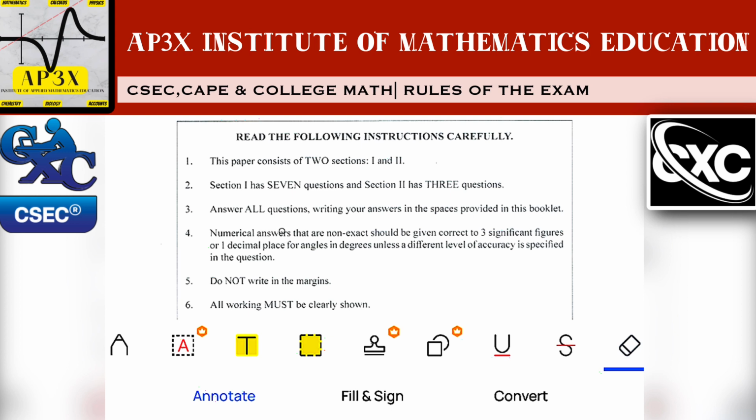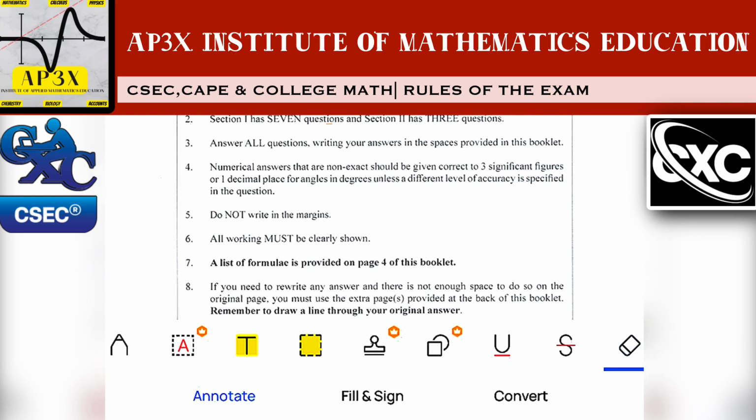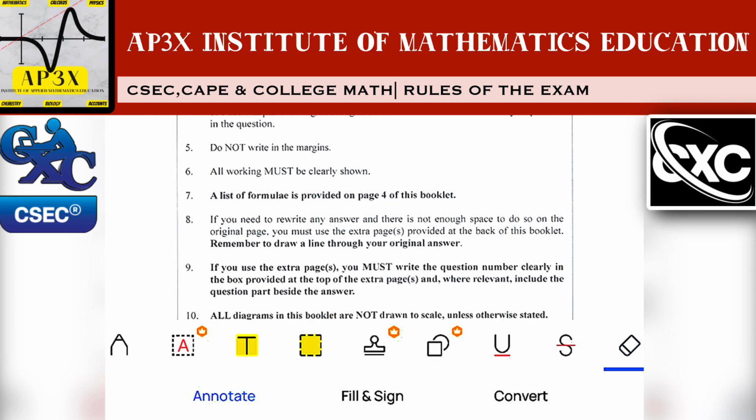It says your numerical answers that are non-exact should be given correct to 3 significant figures or 1 decimal place, and for angles in degrees, unless a different level of accuracy is specified in the question. Do not write in the margins. All working must be shown clearly. As usual, a list of formulas is provided on page 4 of this booklet.